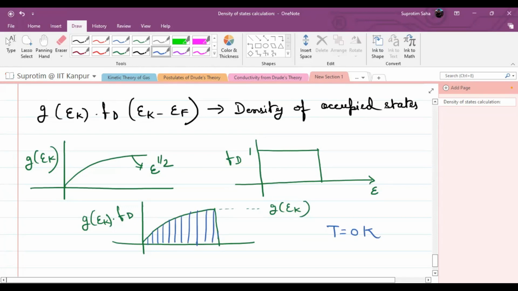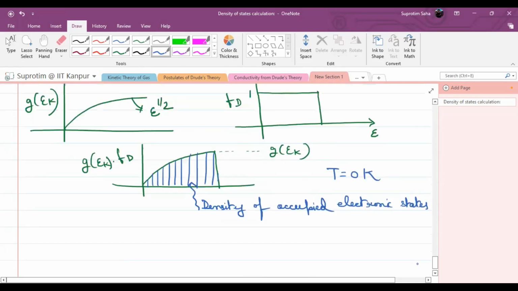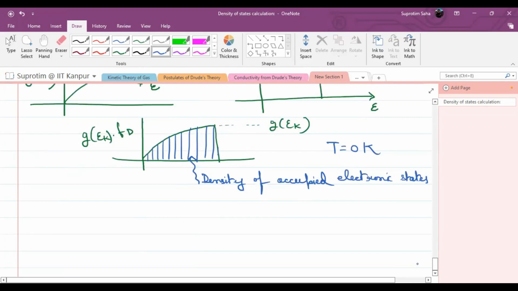This is your density of occupied electronic states. Fine. So now this is the calculation at T equals 0 Kelvin.